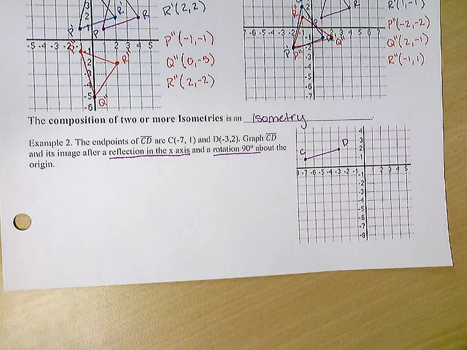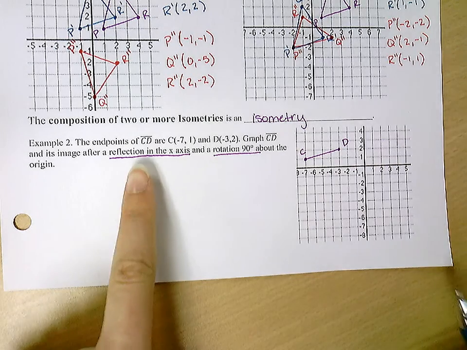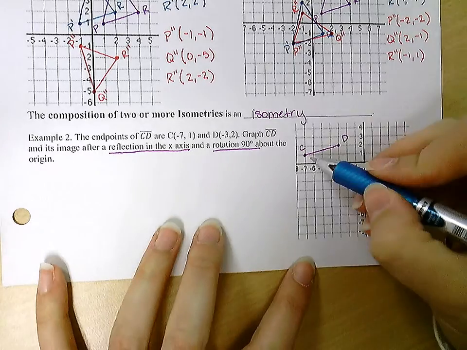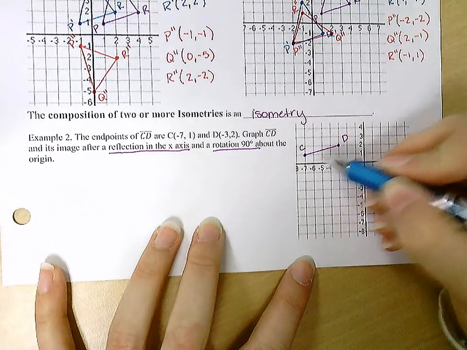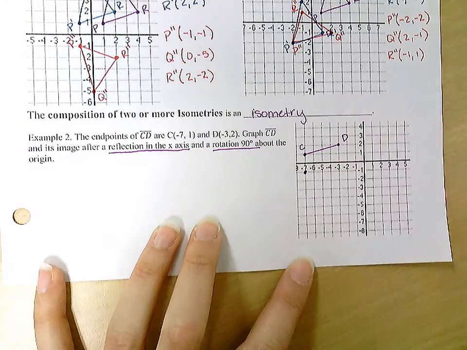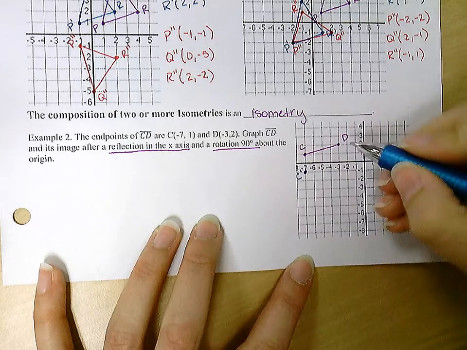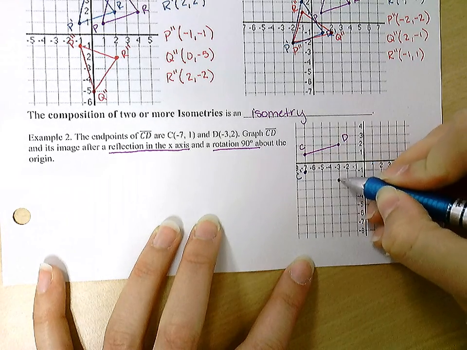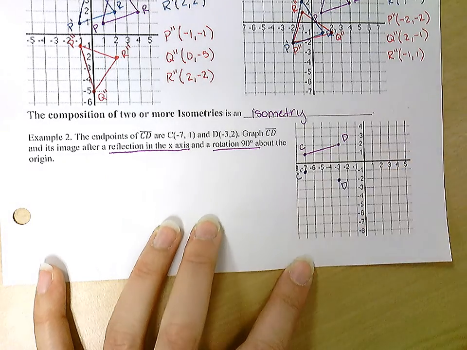Okay, first for my transformation is a reflection in the x-axis. Point C is 1 unit away from the x-axis, so go 1 unit in the opposite direction to get C prime. Point D is 2 units away, so 2 units in that opposite direction to get D prime.